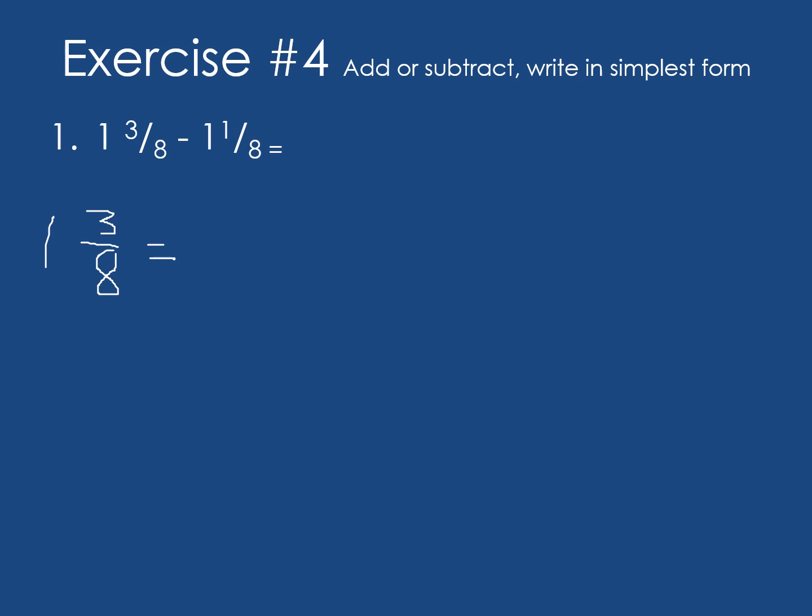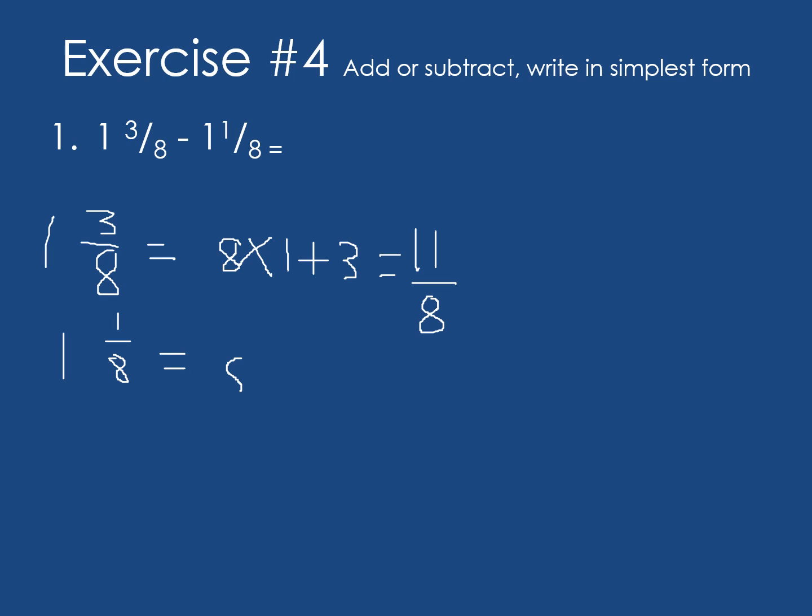So in changing, you have to multiply the denominator times the whole number, then you add the numerator, plus 3. So 8 times 1, 8 plus 3 is equals to 11. Copy the denominator 8. So here is now the improper fraction.